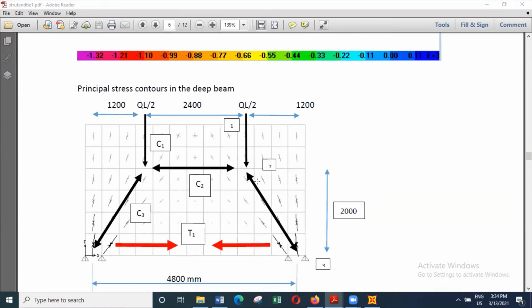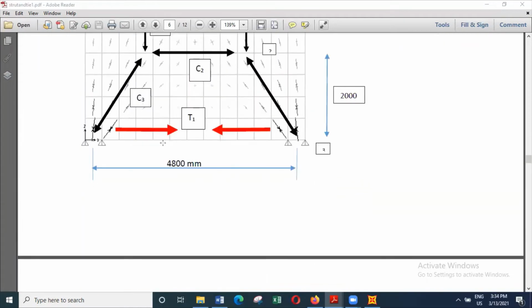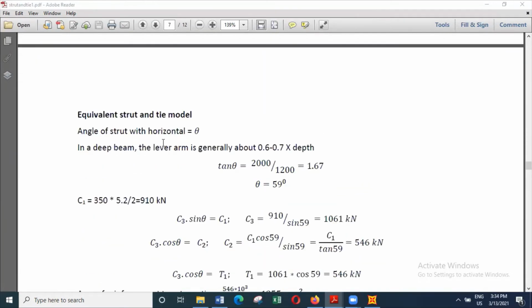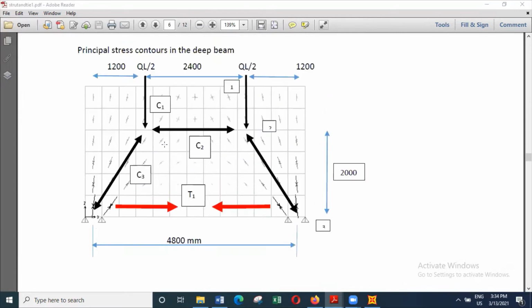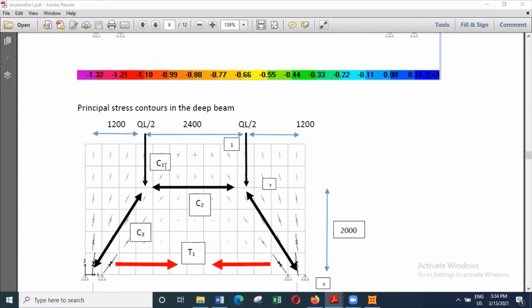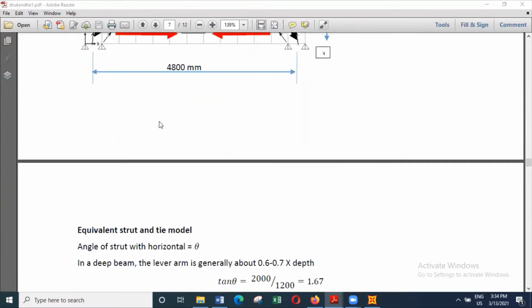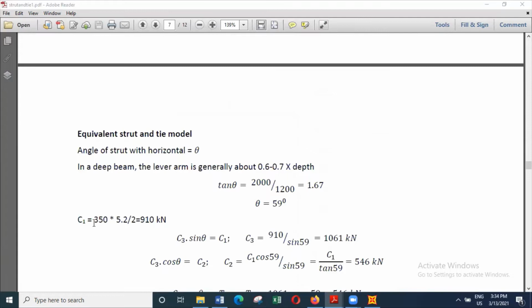Then we have to see the value of the force in this particular element, which is equal to C1, and C1 is equal to QL divided by 2, where Q is 350 and the total length of the wall is 5.2 meters, divided by 2.